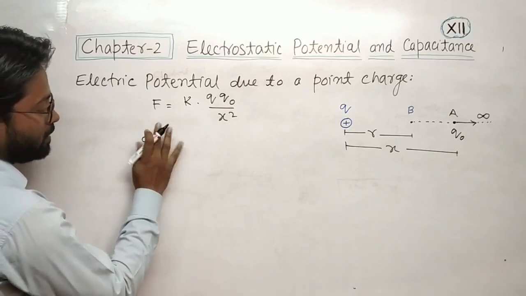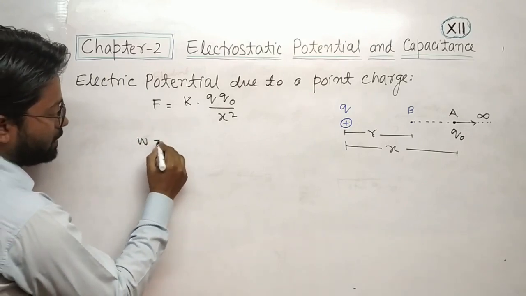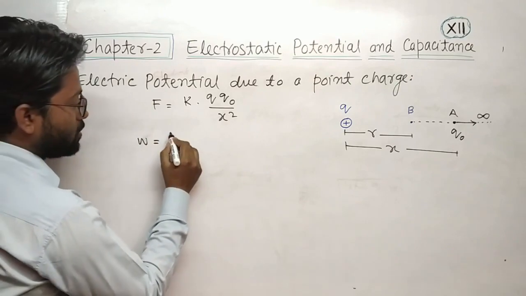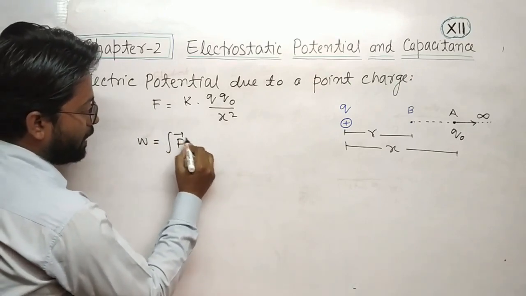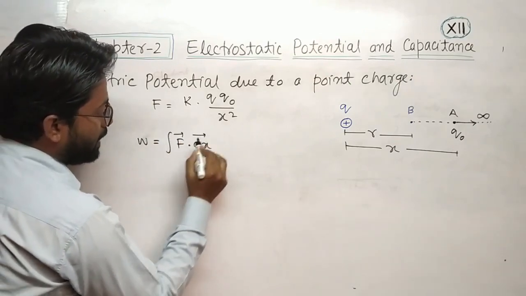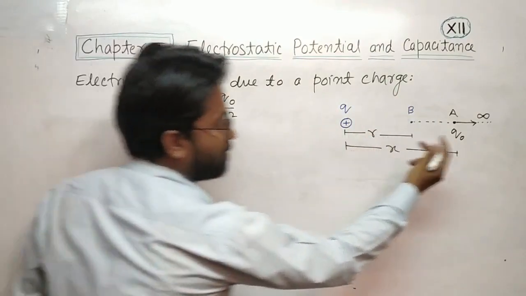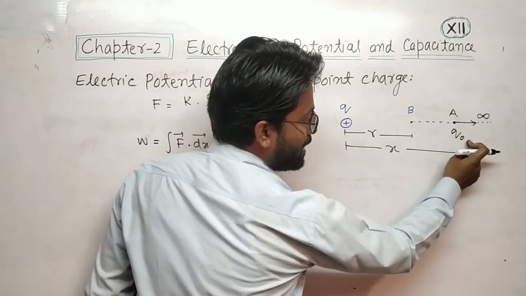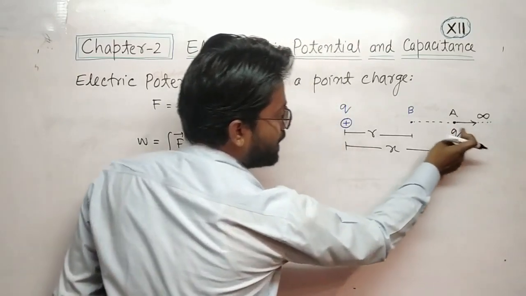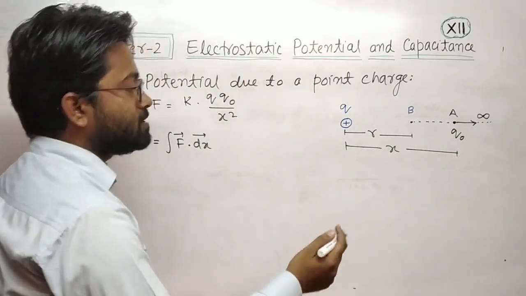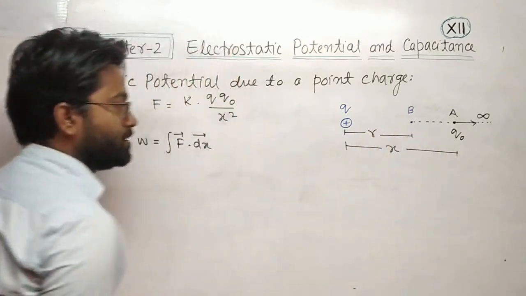What is work done? W is equal to the integration of F dot dx from infinity to a particular point, because the test charge is coming from infinity to a point at a distance r from the stationary charge.